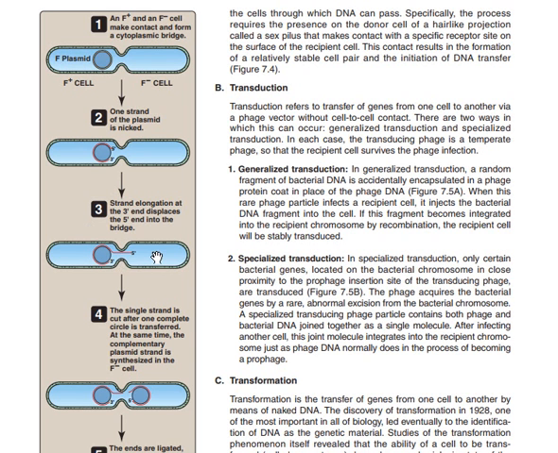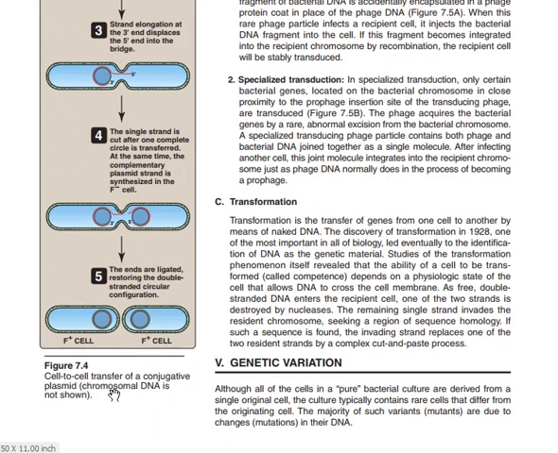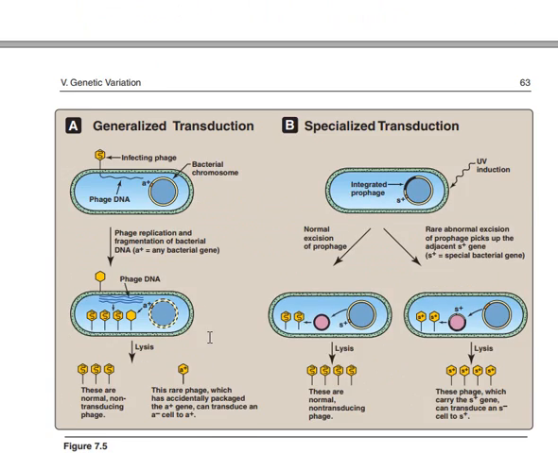As it elongates, you have the formation of the plasmid, with DNA replication elongating in both directions, and at the end the ends are ligated, restoring the double-stranded circular configuration, and both cells become F positive cells.